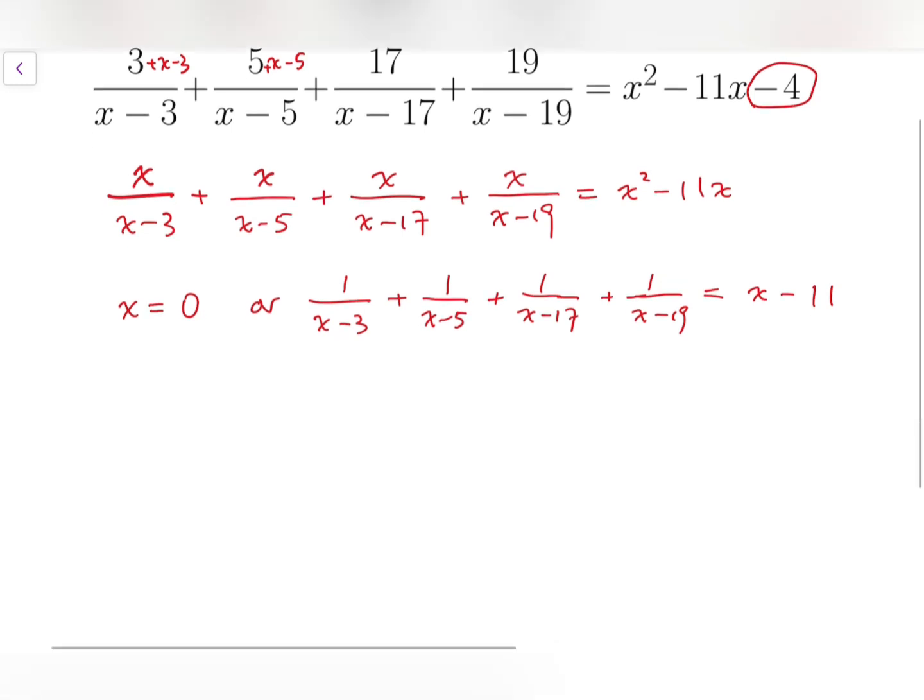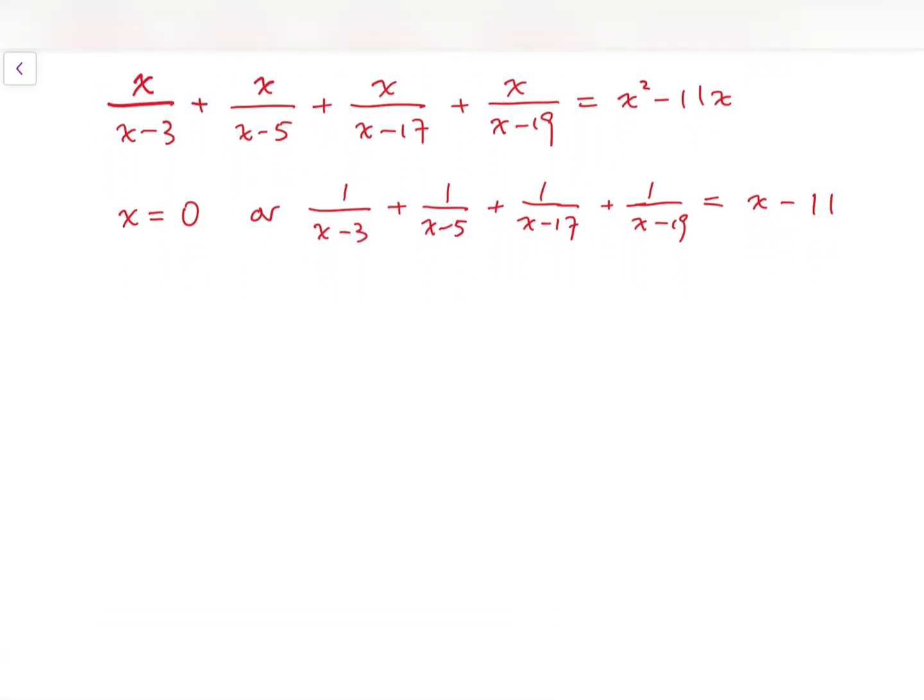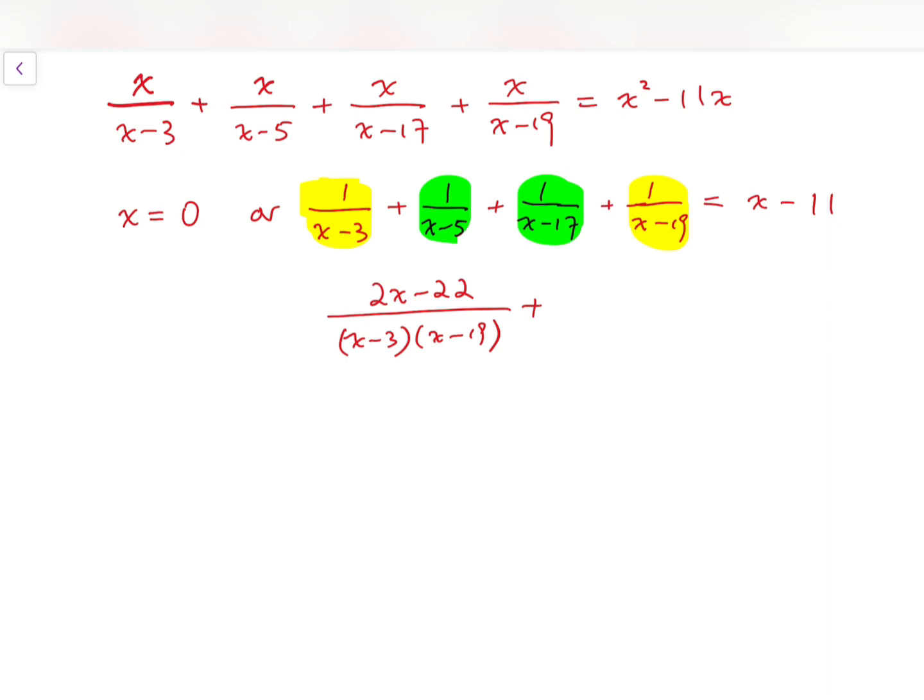To simplify the left-hand side further, I'm going to add fractions in this way. I'm going to group these two terms together and these two terms together, the yellow group and the green group. For the yellow group, the sum has 2x minus 22 on top, and for the denominator we have x minus 3 times x minus 19, while for the green group we have the same numerator. That's the reason I chose to add the fractions in this way.